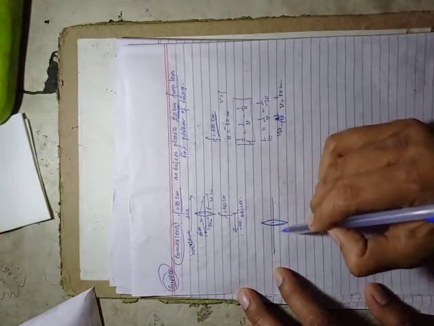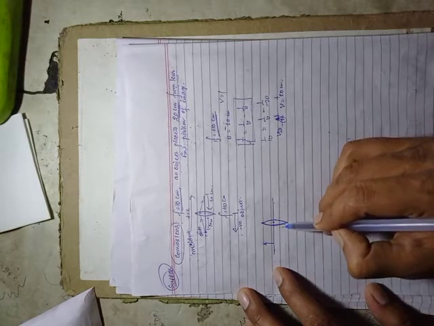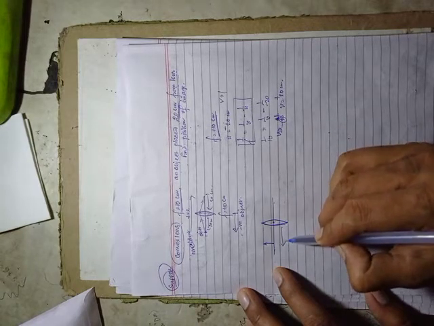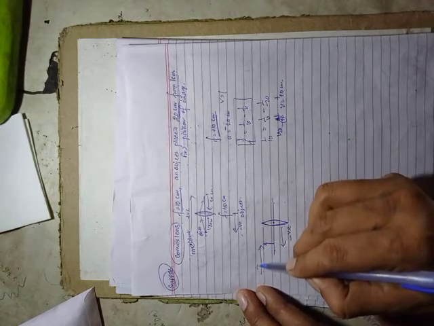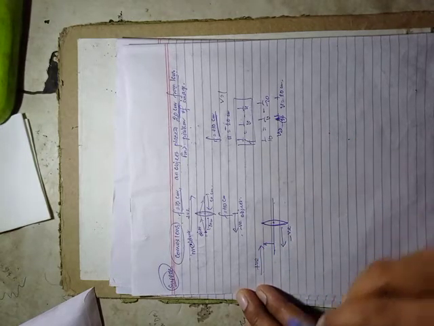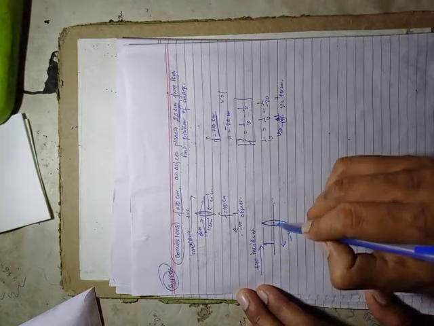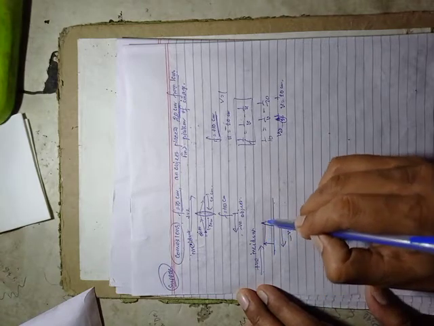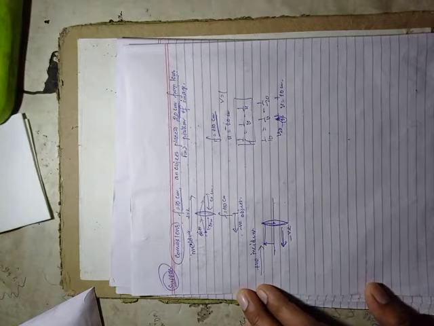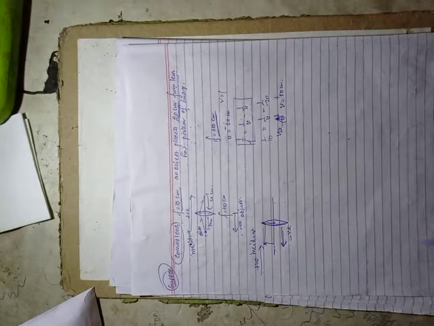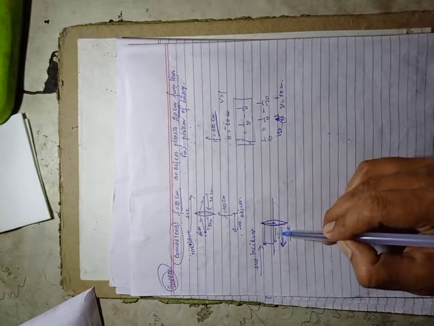Now the object is placed 20 centimeter from the lens, so we are measuring in this direction, which is negative, because the incident ray comes from this side, which is positive. Suppose the incident ray is falling here; we calculate all distances from the optical center, in the opposite direction, so we use a negative sign.